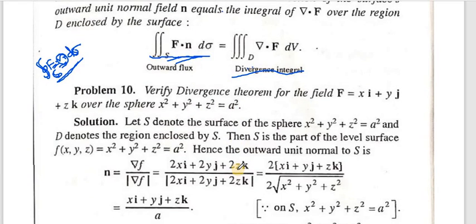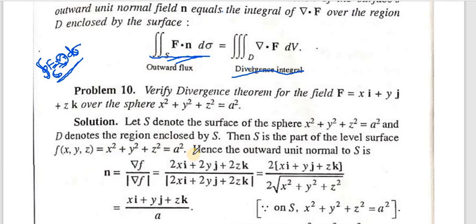Let S denote the surface of the sphere x square plus y square plus z square equal to a square, and D denote the region enclosed by S. Then S is part of the level surface of f of x, y, z equal to x square plus y square plus z square equal to a square.